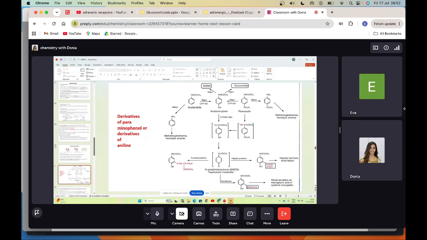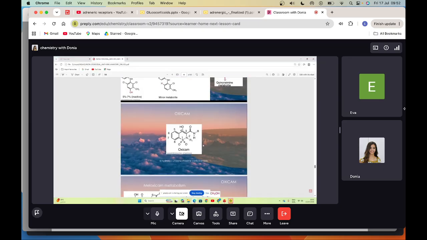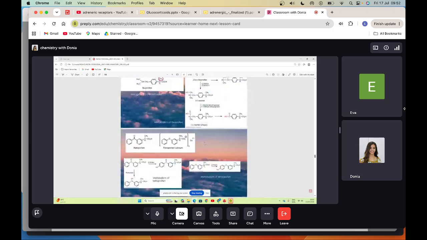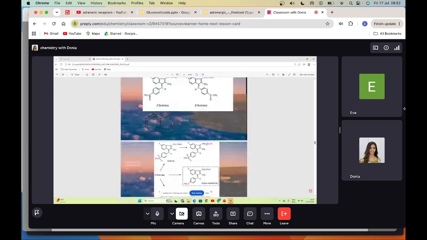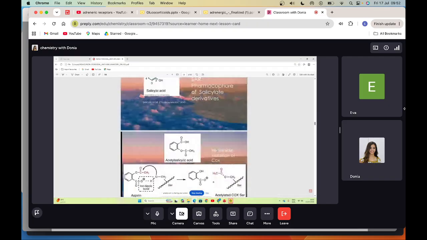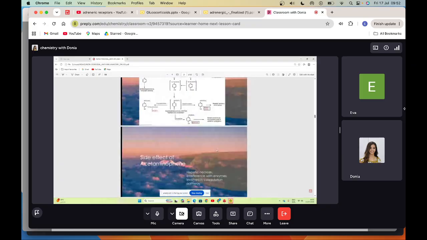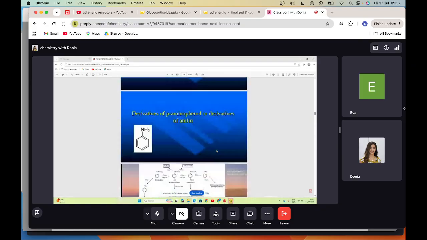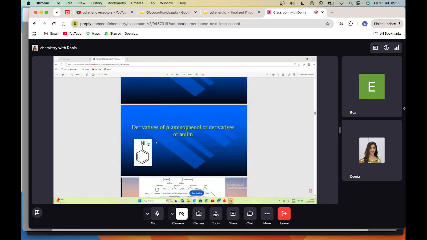And it's not a true NSAID because it lacks anti-inflammatory activity. Actually, this was mentioned in the slides, by the way. It was at the beginning, in the classification, the derivatives of aniline.